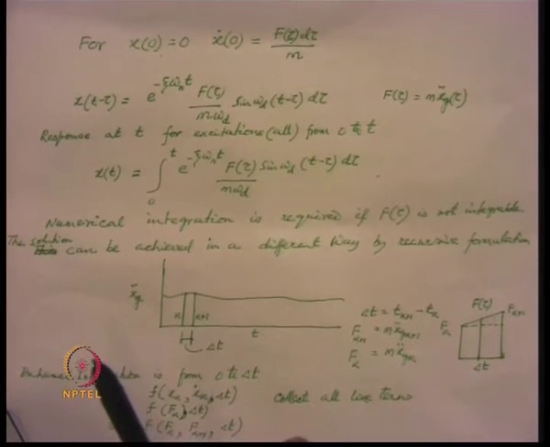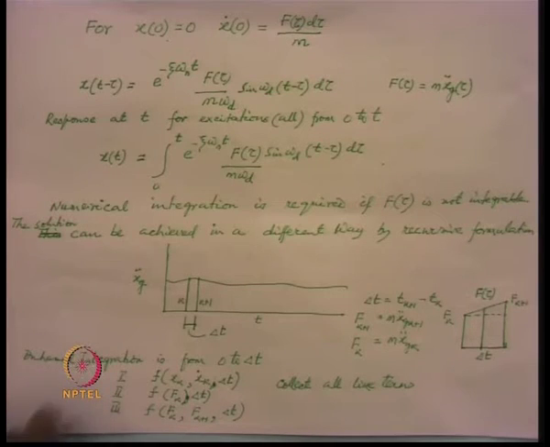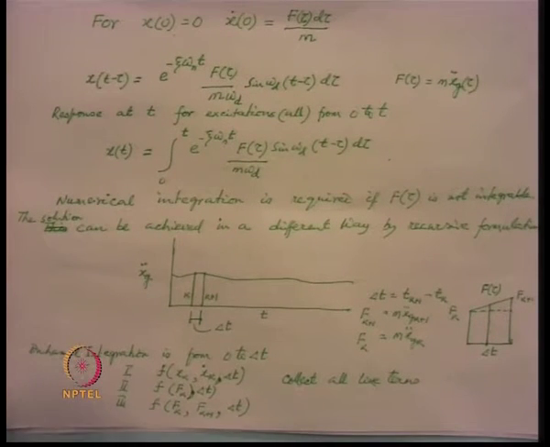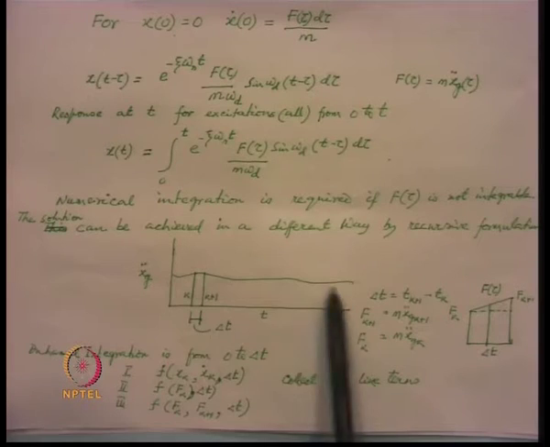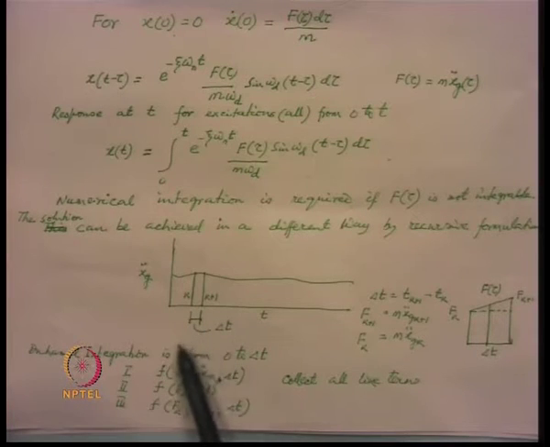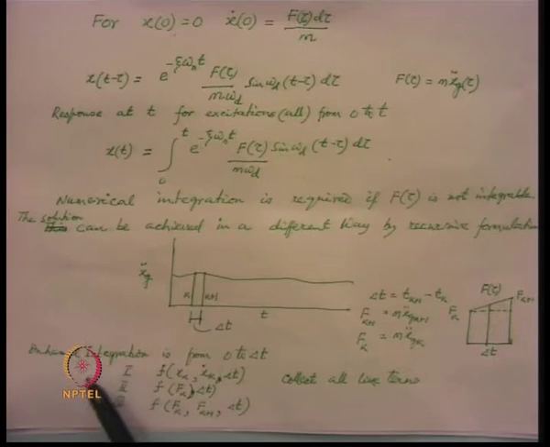So, instead of doing that numerical integration, one can recast the entire formulation in a slightly different fashion. Let us consider this as the ground acceleration or the support acceleration for a single degree of freedom system, and for that we have an interval of time delta t, so that we can define a time step k and the next time step k plus 1, the difference between them being delta t.